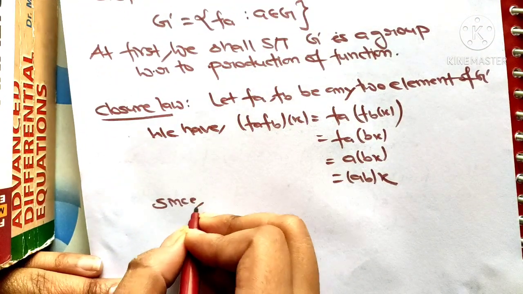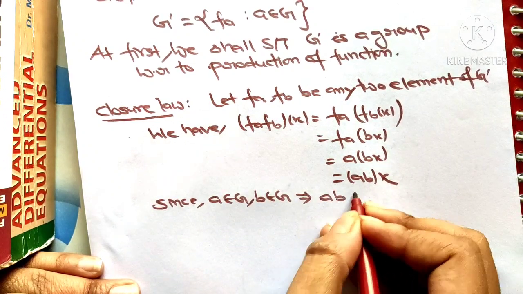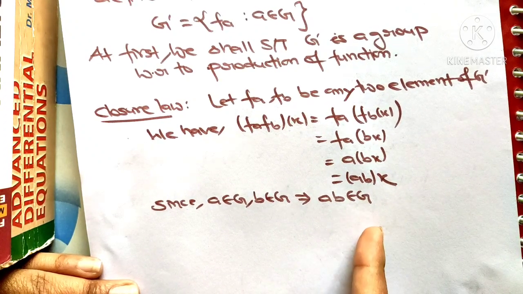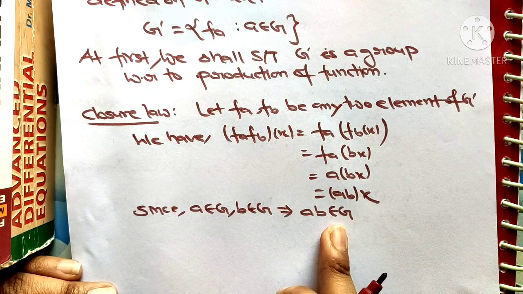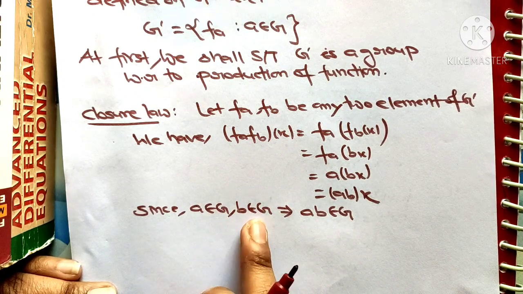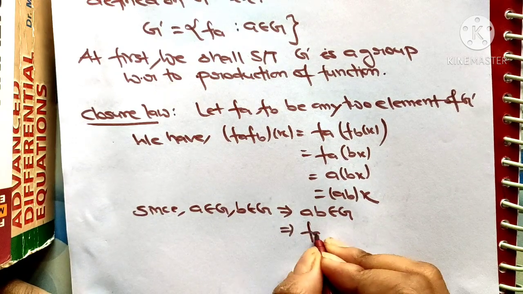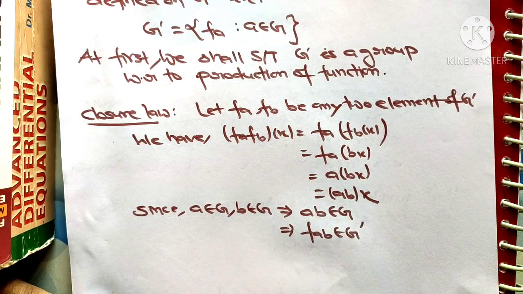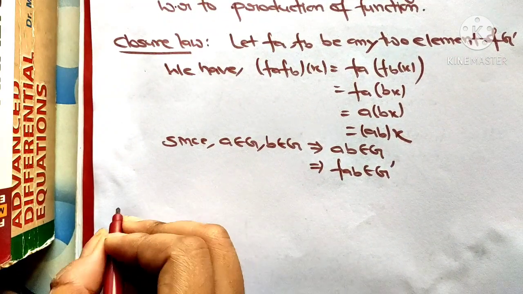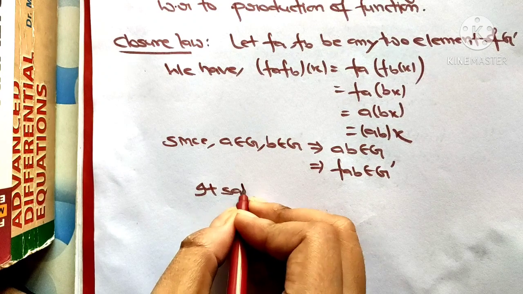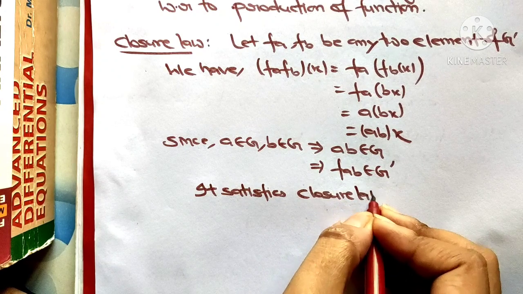Since A belongs to G and B belongs to G, this implies AB belongs to G because G is a group. Earlier we considered that G is a finite group, so we know that if A and B belong to G, then their product also belongs to G. This implies f_AB belongs to G dash. Okay? This satisfies closure law.